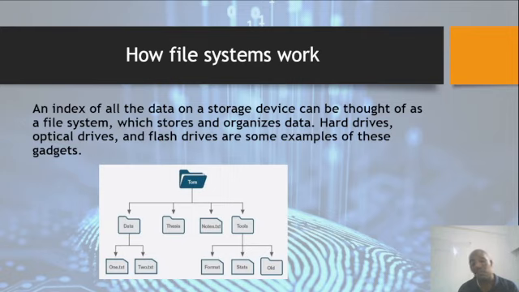Additionally, metadata can show how much space is available and how much free space is on the storage device. So when you look at the file system, it's not only about the location of the file, or when you are deleting or modifying, but it can also show you the space.